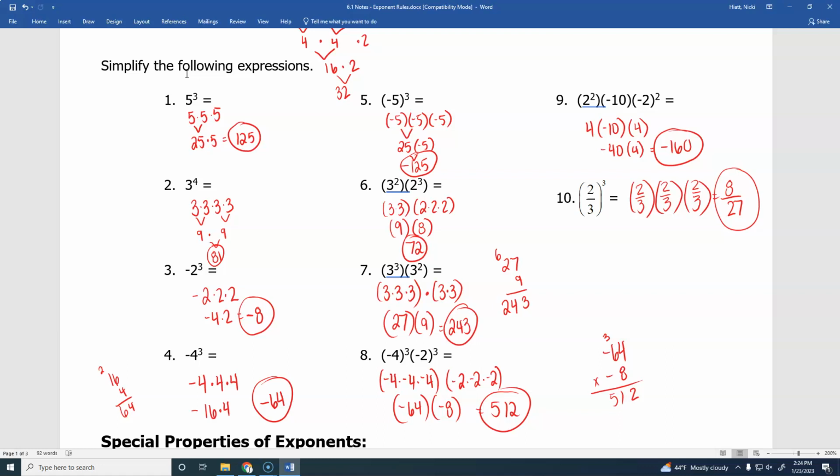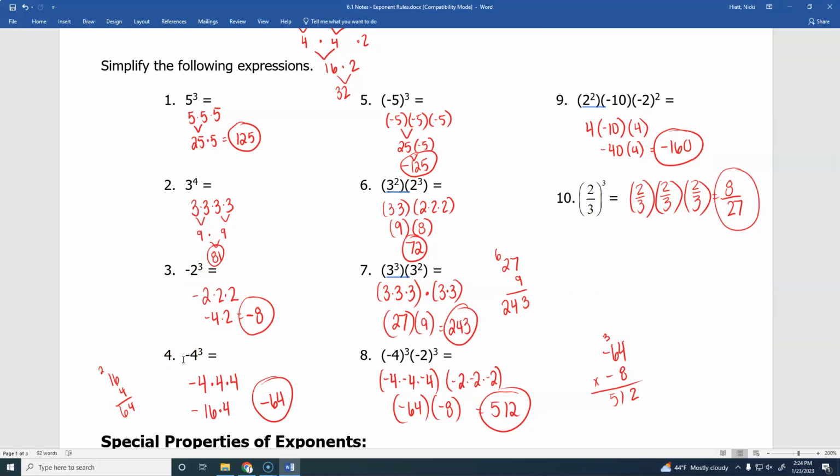A couple things I want to note, because you might have actually gotten the right answer the wrong way on number 3 and 4. I should have done one with an even exponent. A couple of you asked me about this. What's the difference between number 5, where we've got this in the parentheses, or number 3 and 4, where the negative is not inside of the parentheses? There's a big difference.